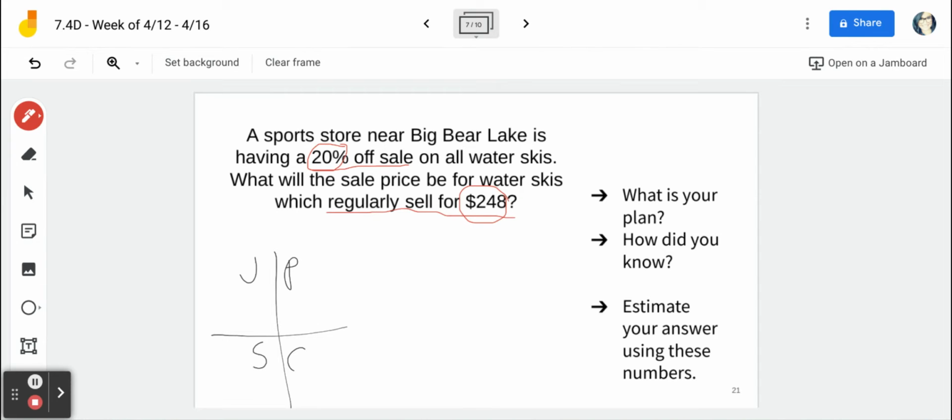One thing that we do want to always make sure of is that we know what the question is asking. So the question says, what will the sale price be? So that tells me that my units are going to be in dollars. My plan for this problem is still going to be a ratio table or a proportion.